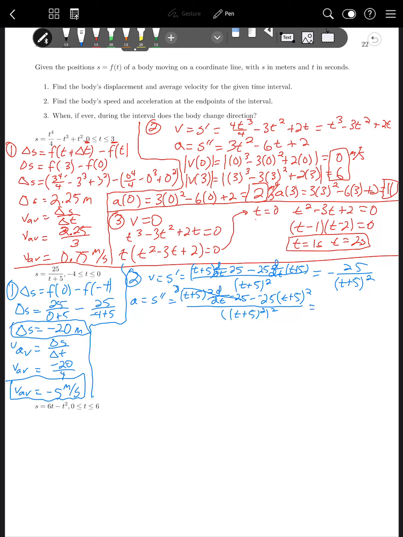So negative becomes positive 25 times the derivative of the bottom. So times the derivative of t squared plus 10t plus 25, all over t plus 5 squared squared, which is t plus 5 to the fourth.